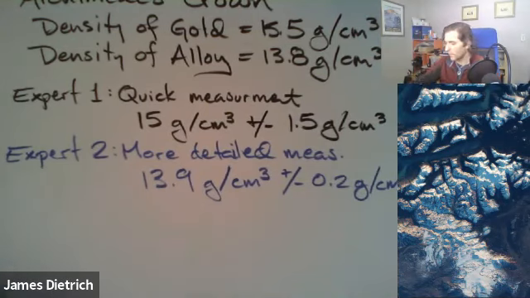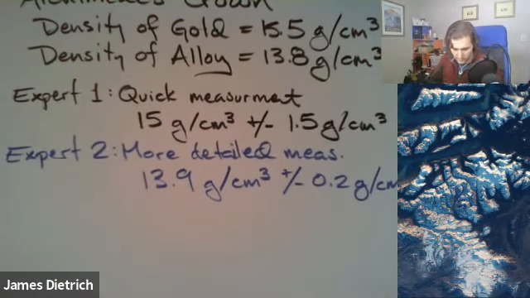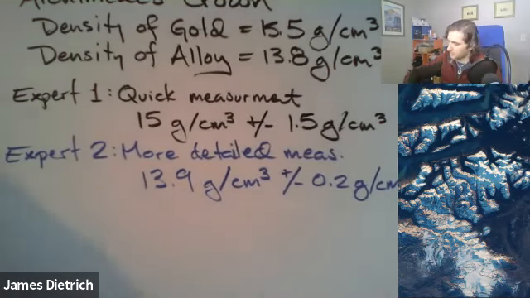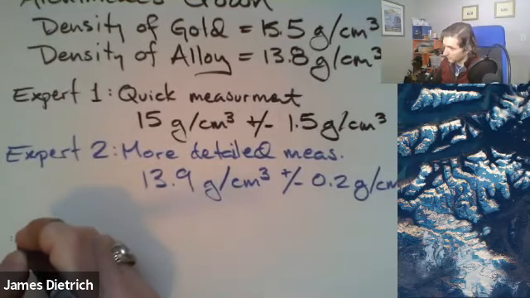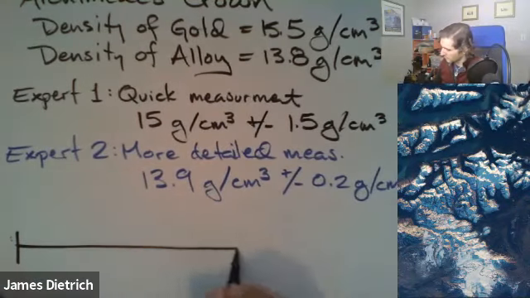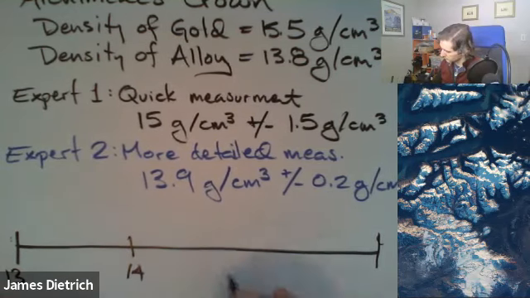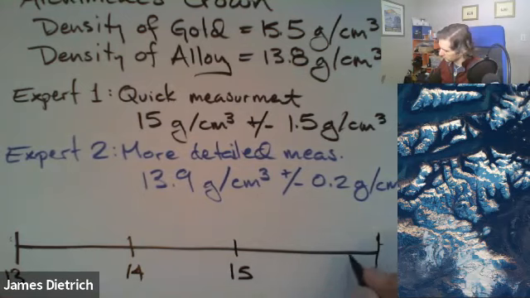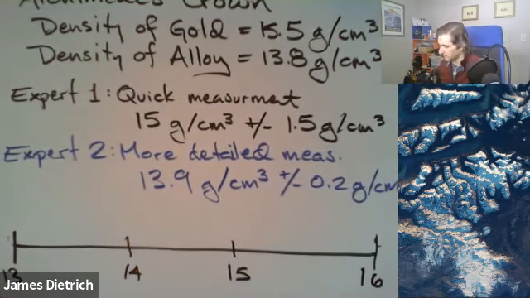But let's look at this in terms of a number line. If we think about this in terms of the error associated with a measurement, say we have a number line here, 13 to 16.